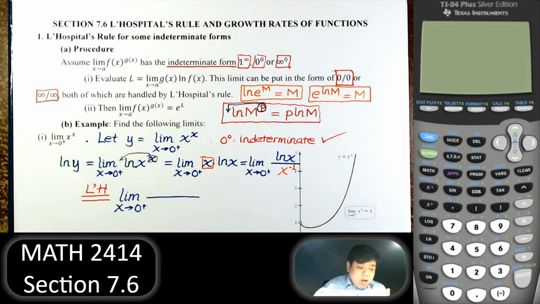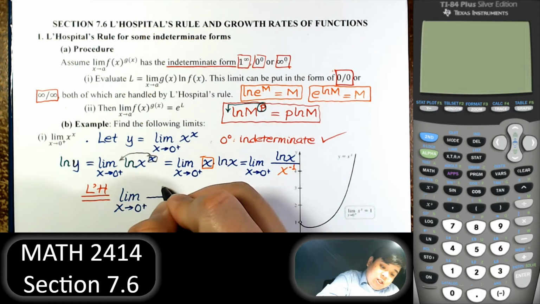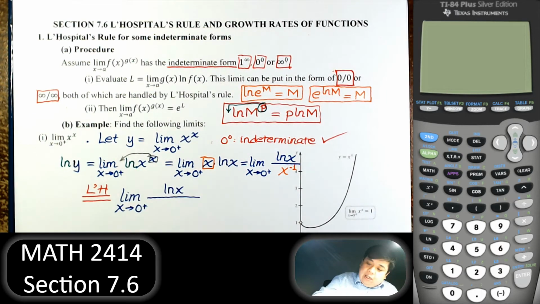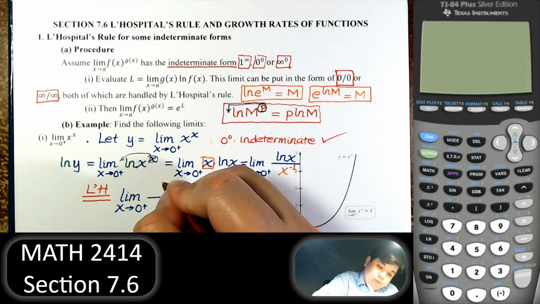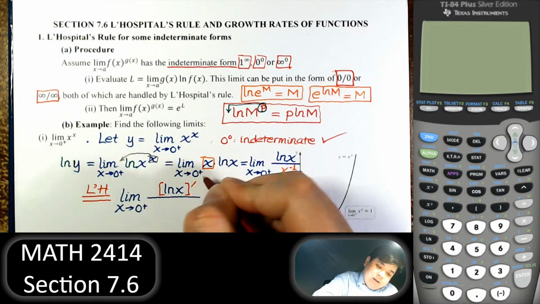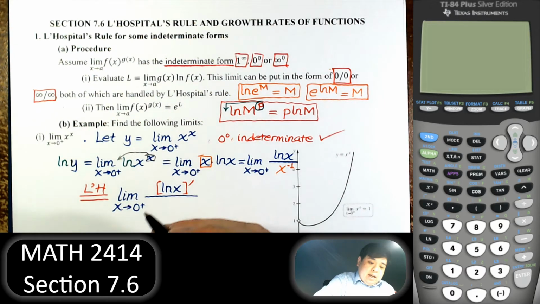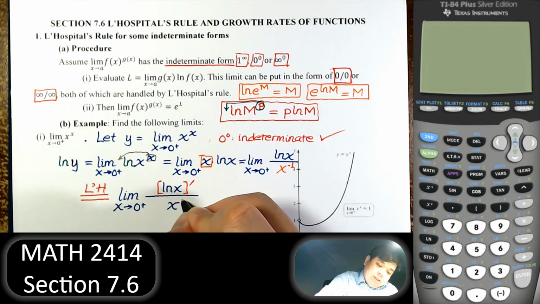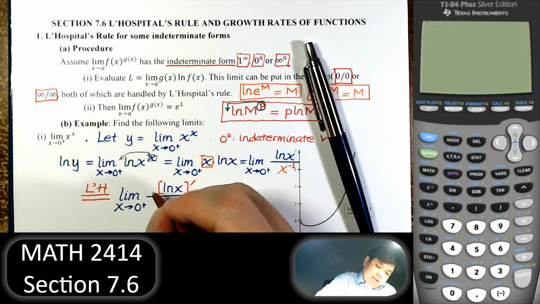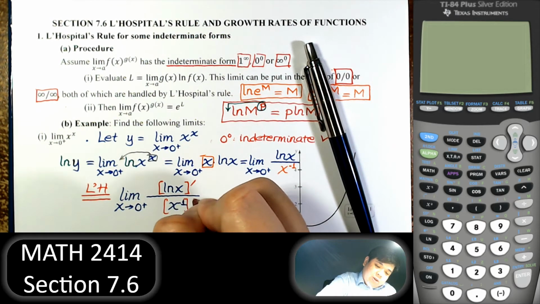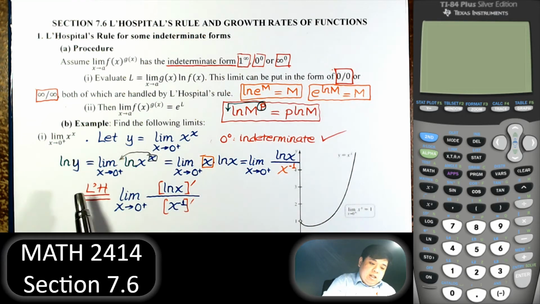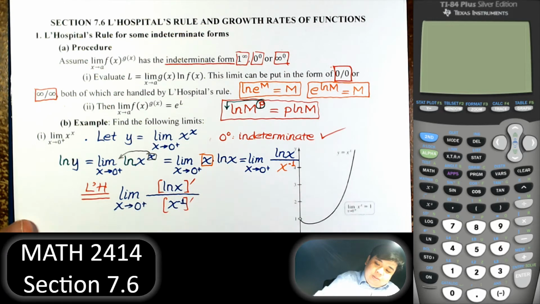So for the first problem, let's just say I have ln of x, take the derivative, L'Hopital's rule, meaning derivative of the top and derivative of the bottom. So indeterminate form, L'Hopital's rule, derivative of the top, derivative of the bottom.